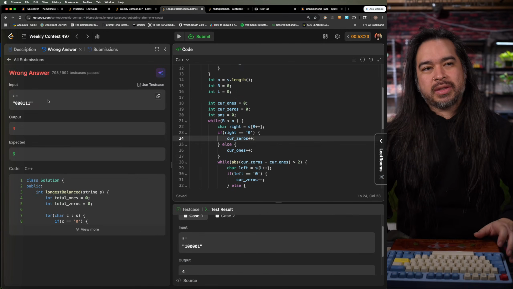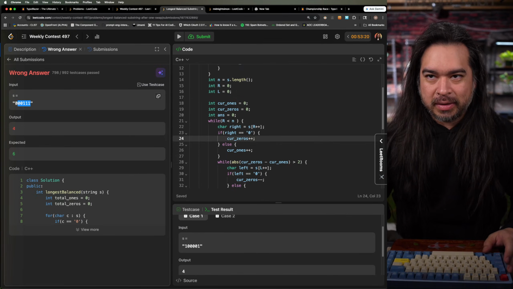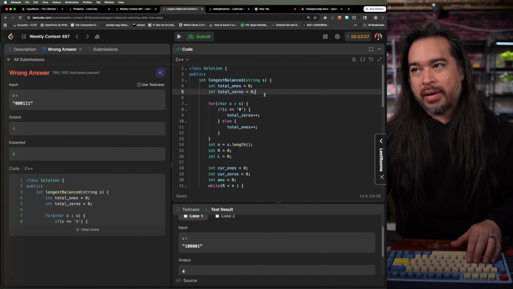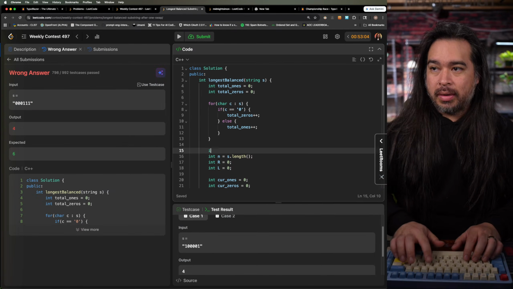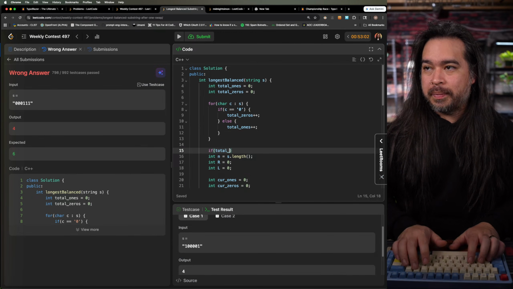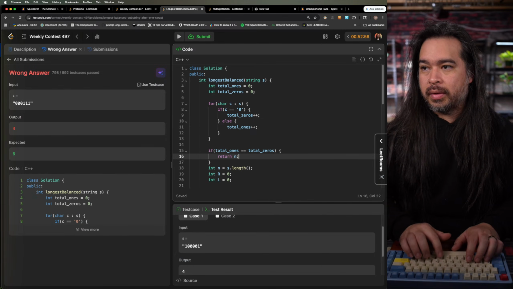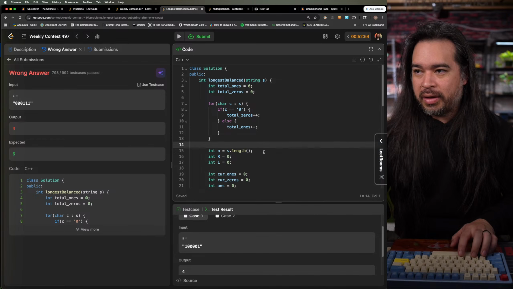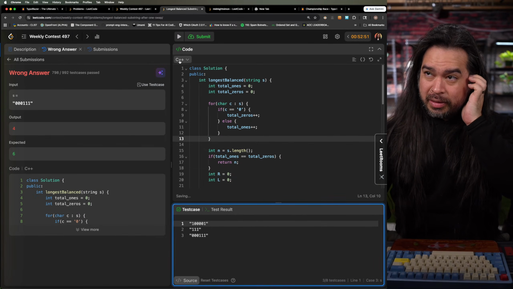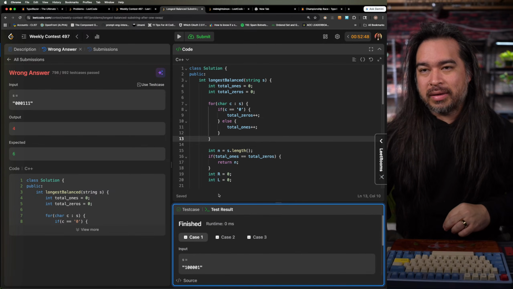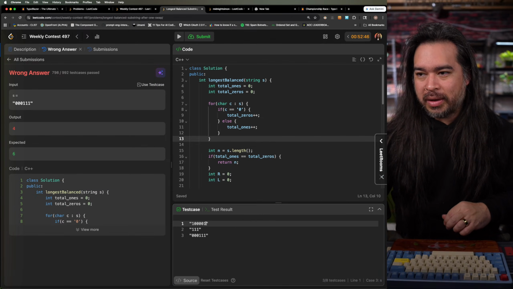Now that I'm seeing this test case, maybe I need to binary search. Or maybe, all right, if they're equal, then we can just return the full length. But I don't think this will catch all the edge cases, because I'm pretty sure I can build a test case now that will make this fail.